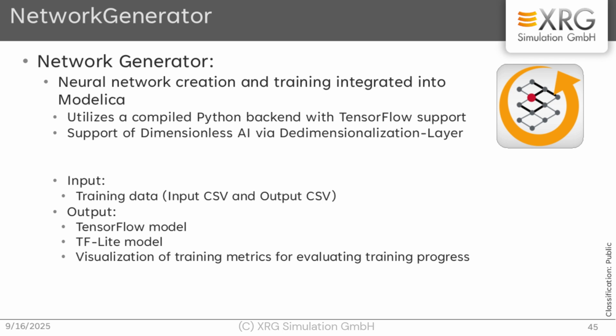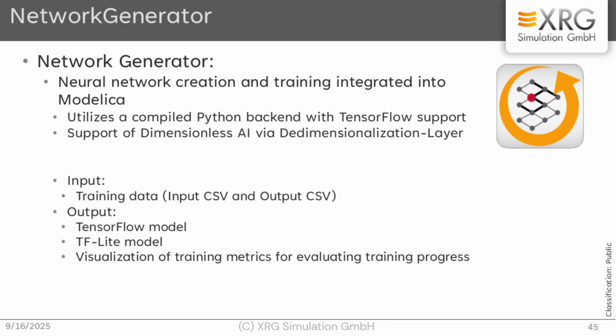And inside of this network generator, there's also a feature of SMArtInt that allows us to train dimensionless neural networks. We're not using this right now, but it's possible. If you're interested in this, there's also an example in the library you can take a look at.